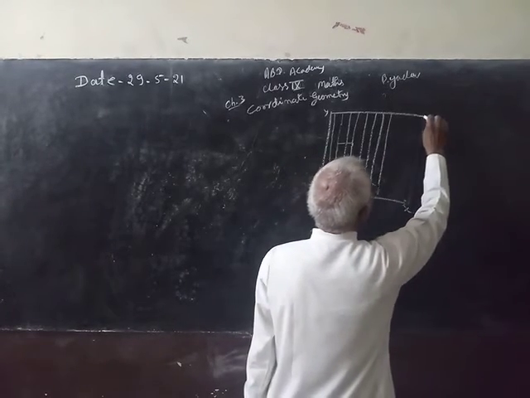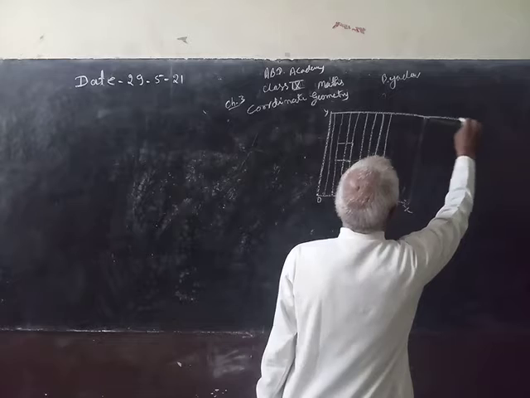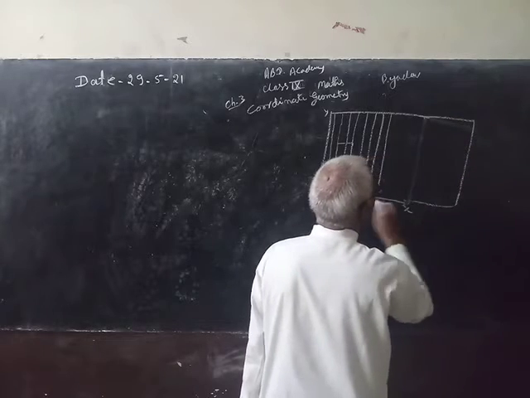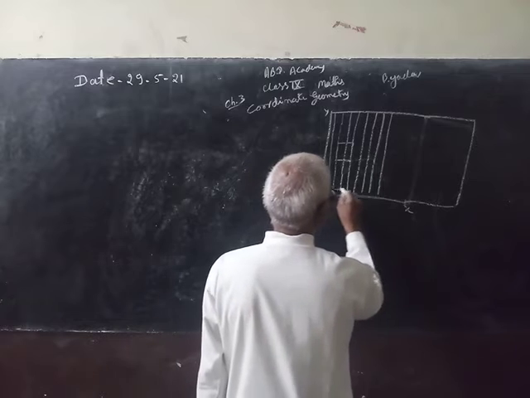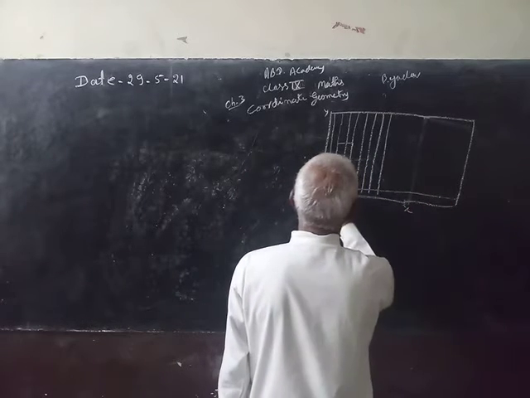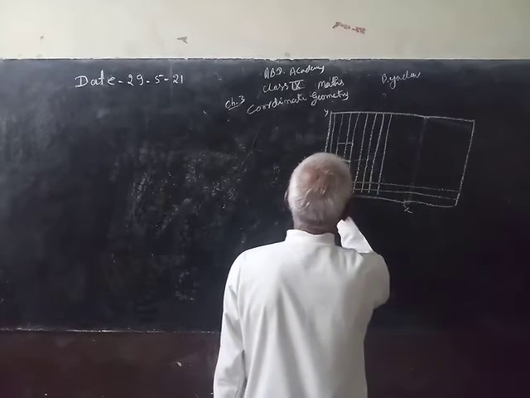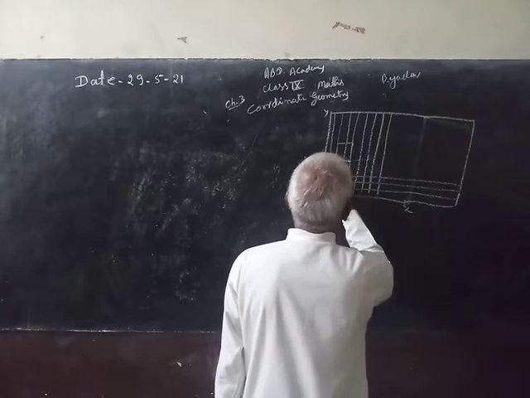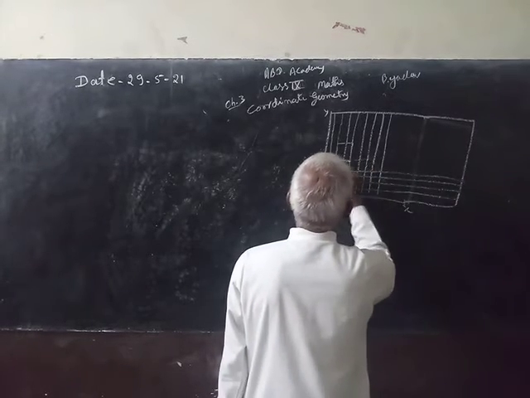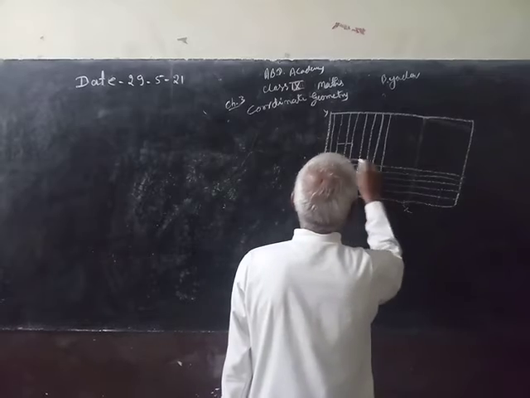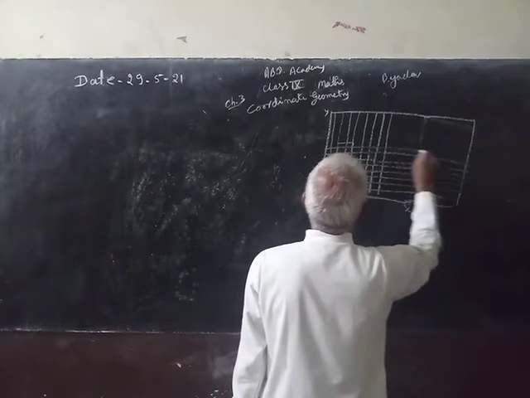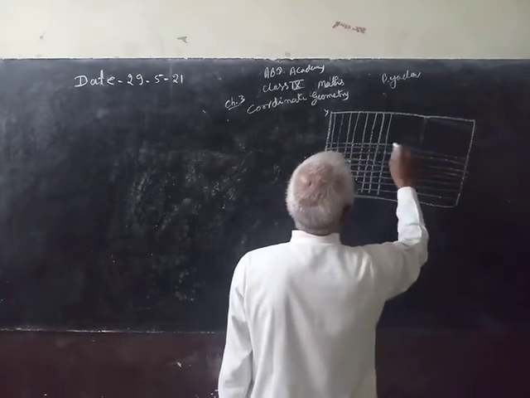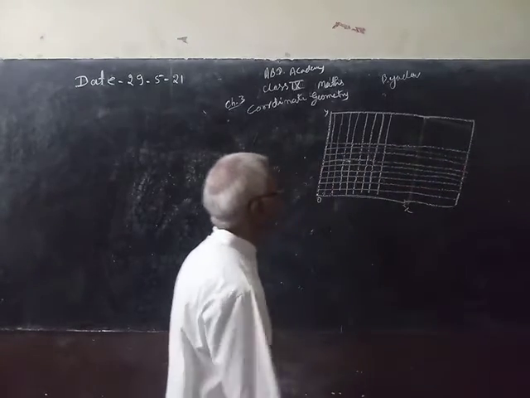The class is very big. And from here also divide 1, 2, 3, 4, 5, here is 6, 7, 8, 9, and so on.